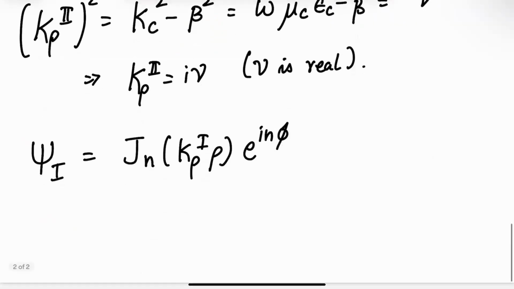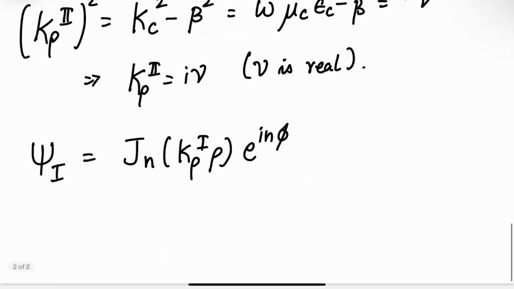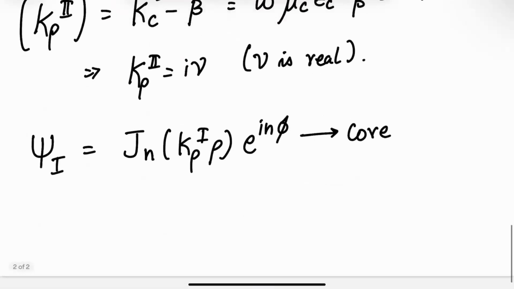The reason we use the Bessel function of the first kind is because we have the origin, which is the center. Let's say the coordinate system is like this. Since the origin is part of the domain, we can't use the Bessel functions of the second kind because they have a singularity. Since we don't have a singularity, we end up with only the first kind.